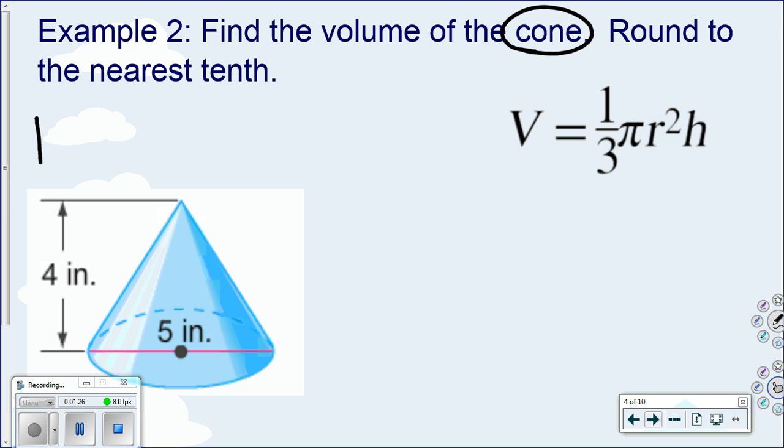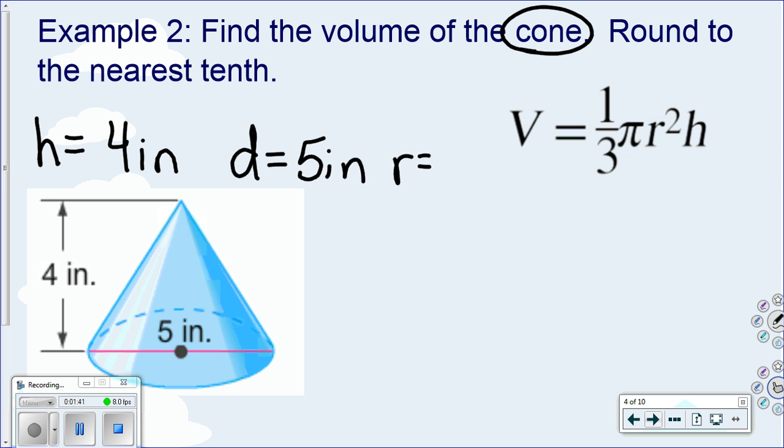What is the height of the cone? 4 inches. And they give us 5 inches. What is that? That is the diameter because it goes all the way across. But we want the radius, which is 2.5 inches. Let's substitute it in.